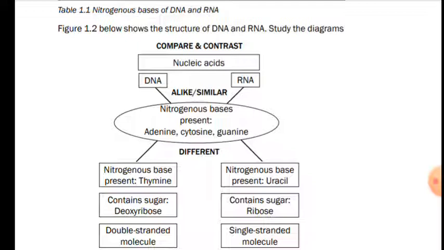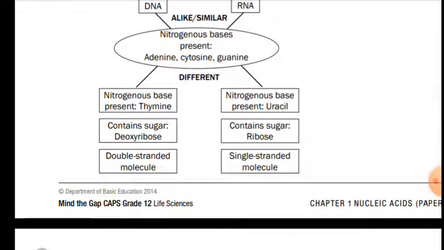It doesn't change. You see. What is similar is just adenine, cytosine, and guanine. And the difference is, guys, as I told you, that adenine on the DNA always pairs with thymine, and on the RNA it always pairs with uracil.